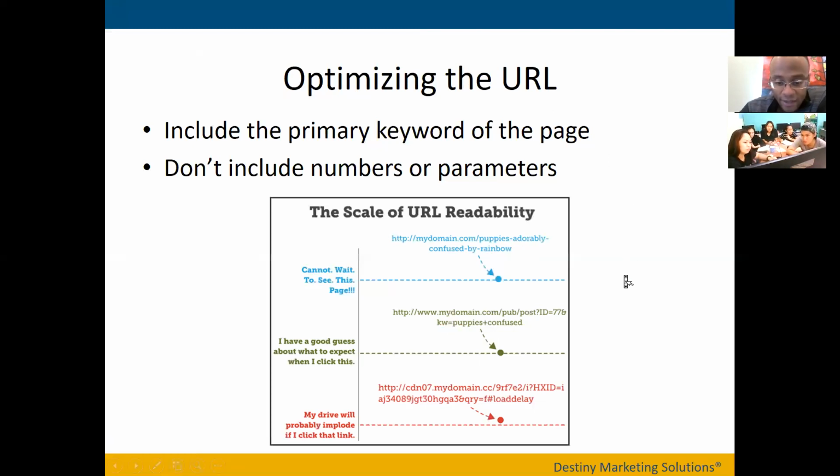And then finally, at the bottom, this URL sucks because not only does it have really no keywords here, it has all of this, I call it computer language, all these little different parameters, pound signs. It has this CDN07 dot whatever at the beginning of the domain. So I look at that website, I'm thinking it might be spam, it might be like some virus or something. So I'm staying away from that.